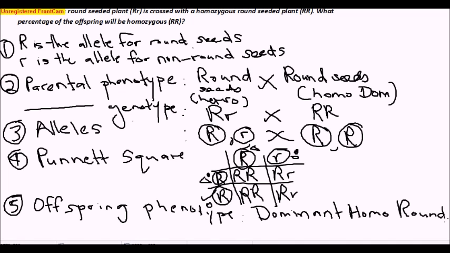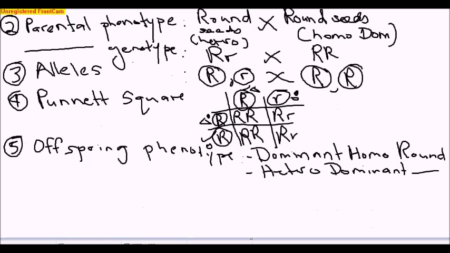What else do we have? We have hetero, dominant, right? Round. Okay, now let's continue. So you have the offspring phenotype, now the genotype, which is already given, or you have just found from the Punnett square, big R, big R and big R, small r.